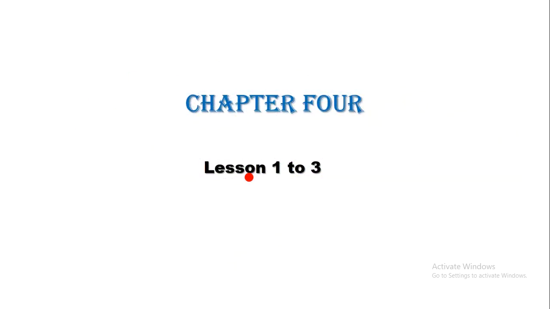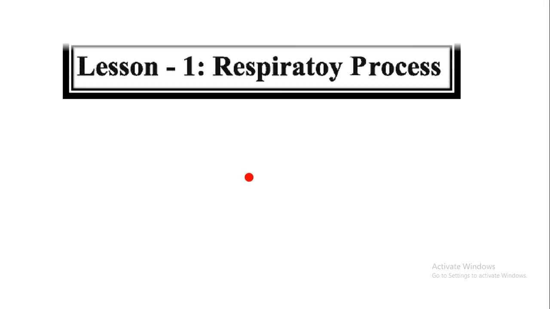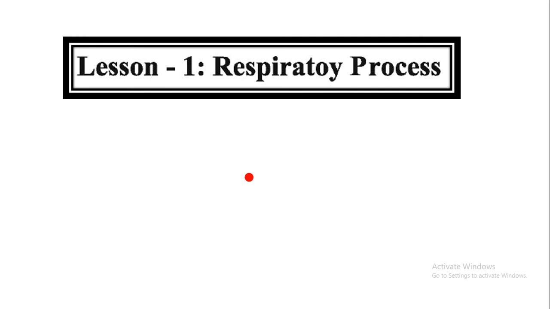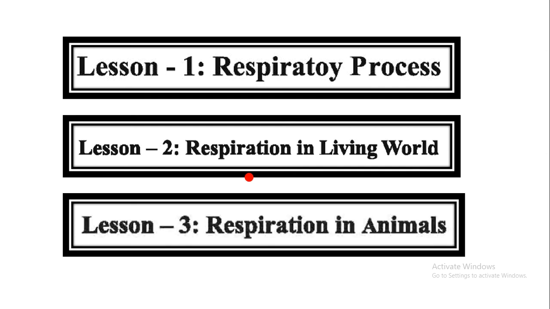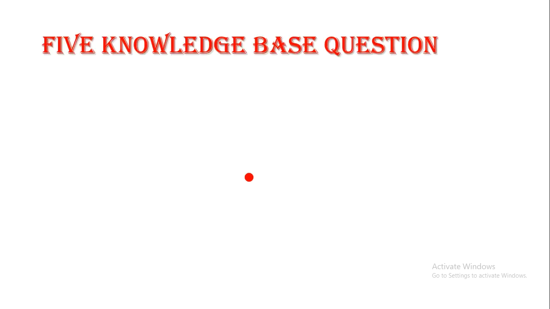Today we are going to discuss chapter 4, lessons 1 to 3. It's a revision class, and we are going to revise lesson 1, respiratory process, lesson 2, respiration in living world, and lesson 3, respiration in animals. So my dear students, now we are going to discuss 5 knowledge based questions.